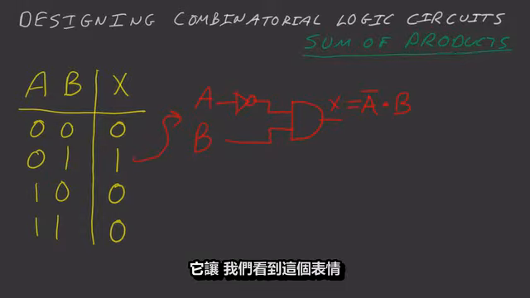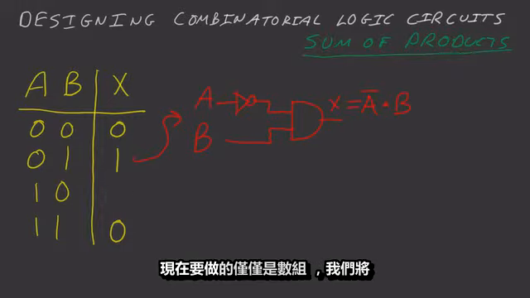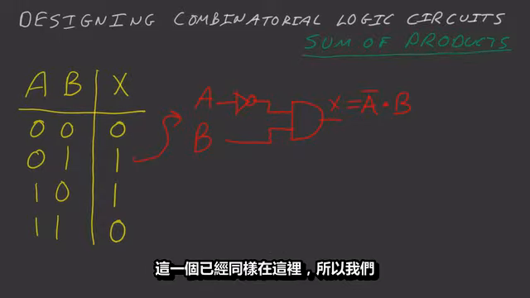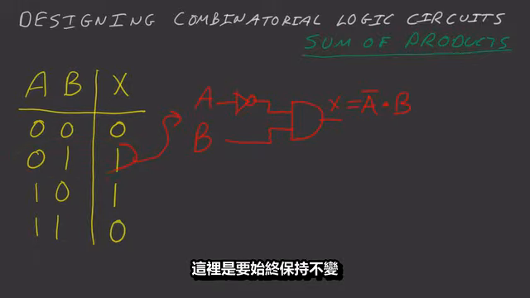So let's see where this expression, sum of products, comes from. What we'll do now is erase that, and we will put a 1 in there. So we've changed it. This one's already the same, so we don't have to change that. This circuit here is going to remain exactly the same.